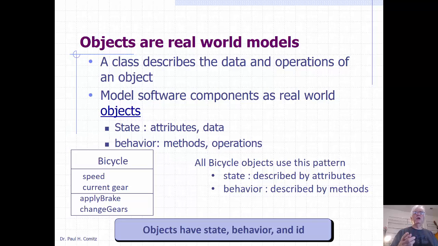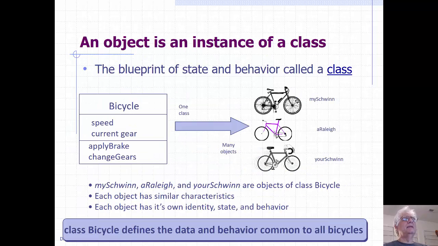We can say that objects have state, behavior, and ID. So building on this idea, we can say that an object is an instance of a class. The blueprint of state and behavior is called a class.